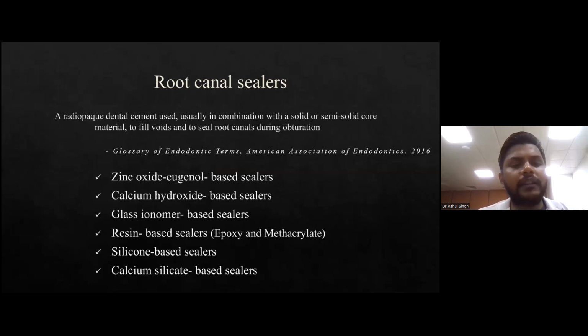In our practice, the majority we are using is resin-based sealer, or if it's not there, then we are using zinc oxide based sealer. But otherwise, in your practice, there are new sealers like calcium silicate based sealers, nothing but bioceramic sealers. We have seen videos of people posting it. But accordingly, you should decide which sealer to use according to the case, and also it should be cost effective.